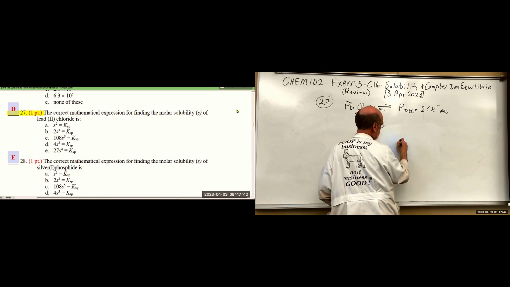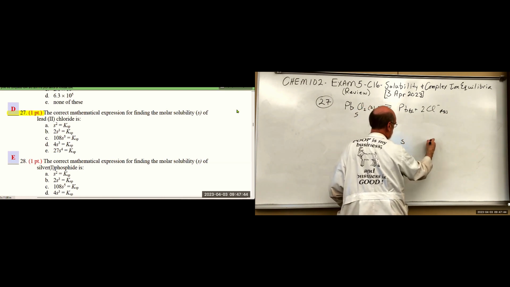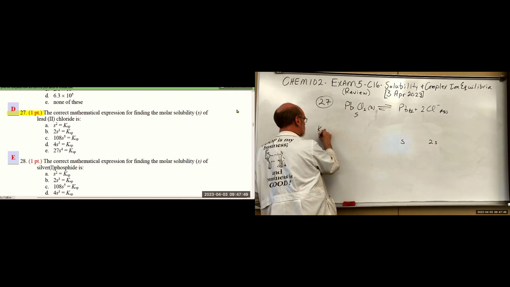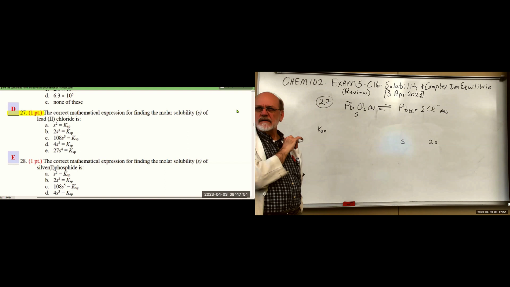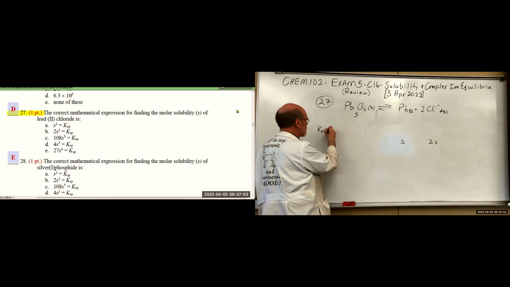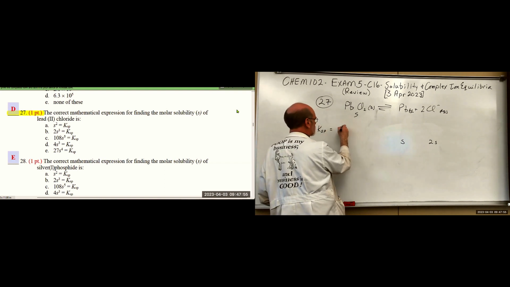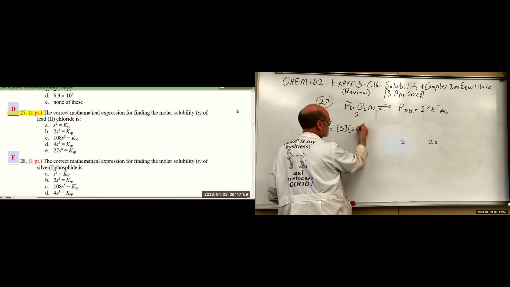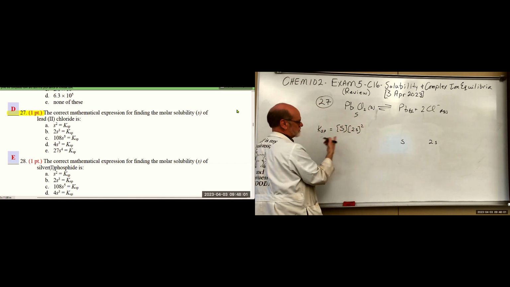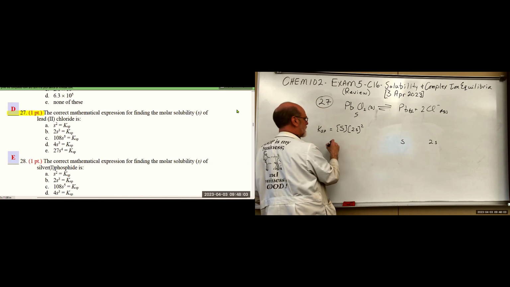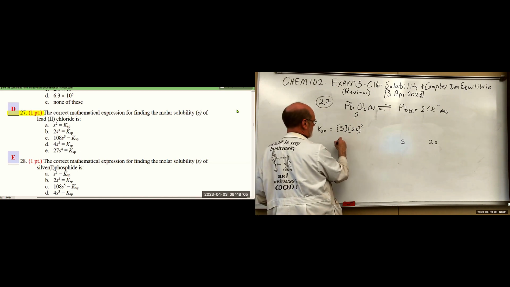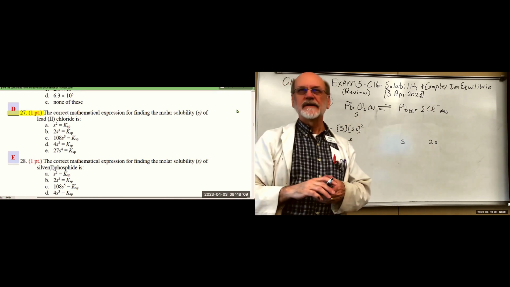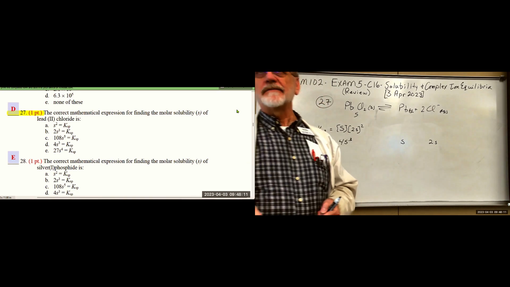So eventually, at equilibrium, we're going to have an S and a 2S. And so KSP, based on that solubility, is just S times 2S squared. It's the same as the hydroxide, the 10-2 hydroxide. It's 4S cubed.